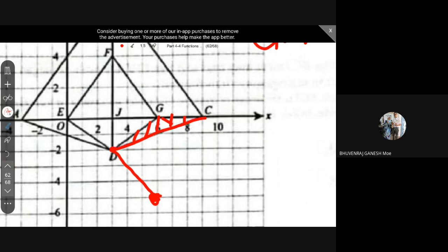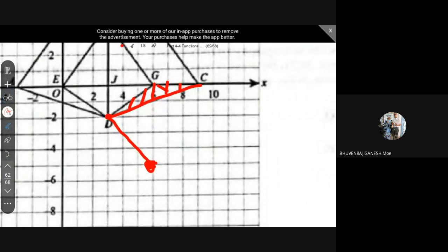I need to go down this one, 6 boxes down. 2, 3, 4, 5, 6. I think it's somewhere here. Wait, I think there's some more down. Wait now, guys. Need to be accurate here.